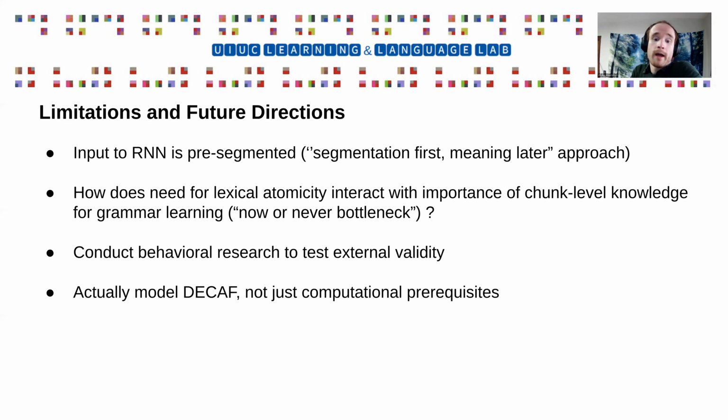And lastly, I haven't really modeled the full scope of DECAF, right? Remember that involves not just learning about and acquiring lexicosemantic representations, but also using those to extend word meanings. And so that would require a theory of word meaning and a corpus of semantic features and a corpus of words and when they are acquired and so on.